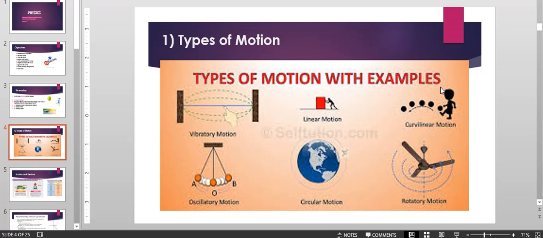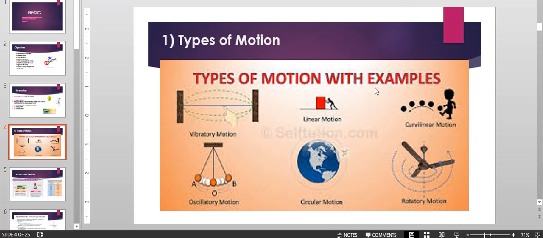Now this example is representing another type of motion. As you can see in this, a boy is throwing a ball. This ball will move upward and then return to the ground, but in a curved manner. Or this phenomenon can also be observed in the motion of our earth.